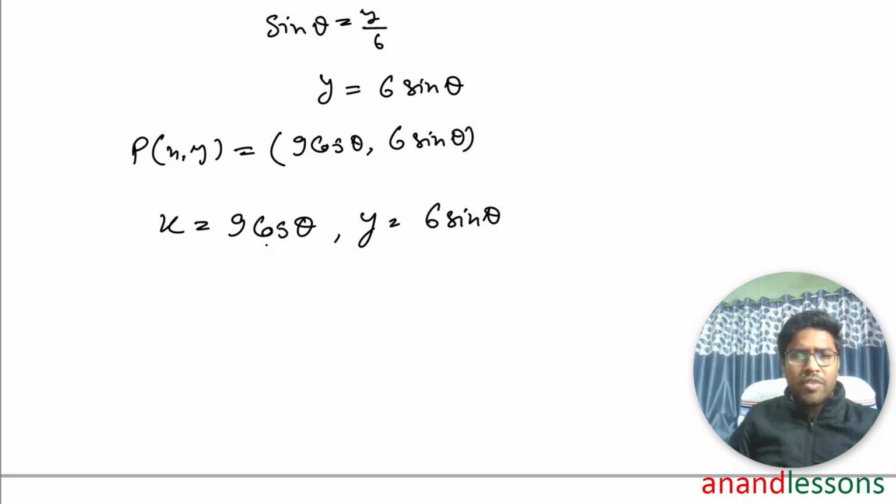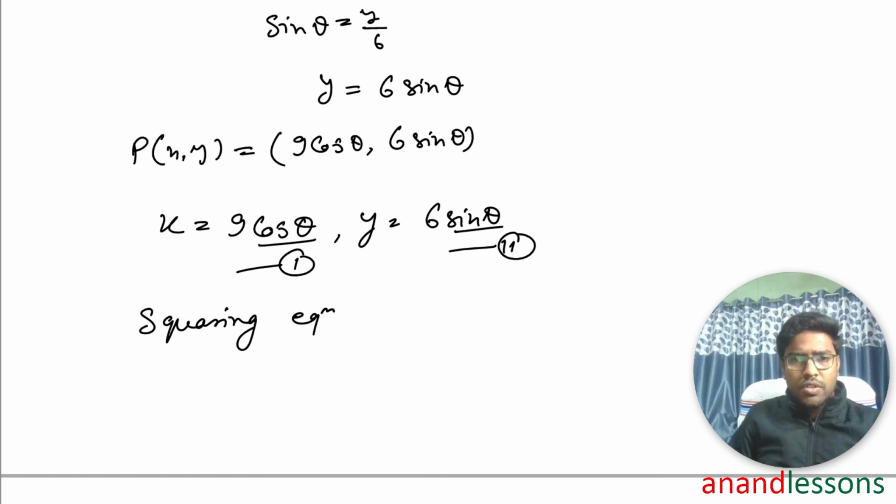We have a relationship between cos and sin that is in square form. So let this be equation first and this be equation second. Squaring equation first, what will we get? x square is equal to 9 square cos square theta.